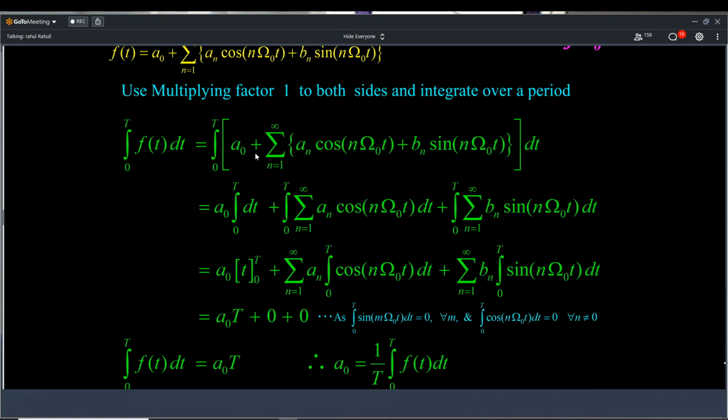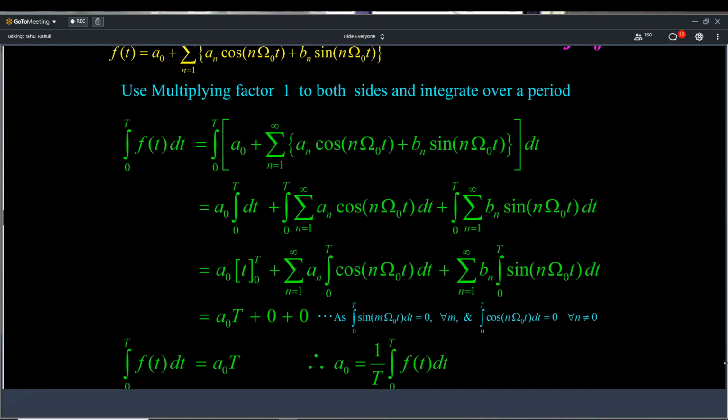That is a0 integral dt plus integral and summation an cosine of n omega 0 t, and similarly the cosine term and sine term. You know that integrating cosine over 0 to T for any frequency when n is not equal to 0 will be 0. From orthogonal properties, this integral will be 0, and the remaining term will be only a0. So a0 multiplied by T will be equal to the left hand side, and that's why a0 will be equal to 1 over T integral from 0 to T f of t dt. That we know. Okay.